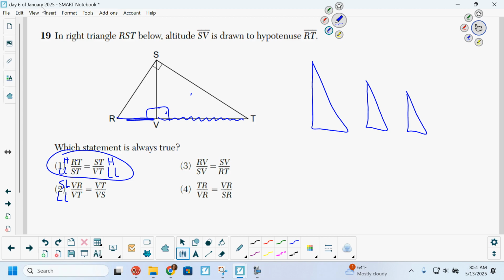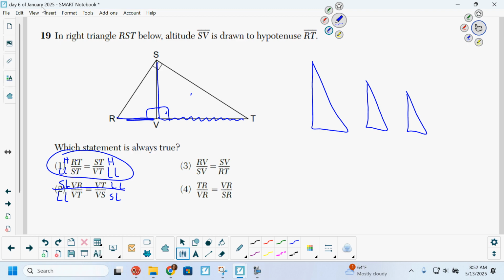So VT once again is the long leg in the medium triangle, and VS would either be the short leg in the medium triangle, or it could be the long leg in the small triangle. But either way, it doesn't make sense. I was switching triangles, so that one's wrong.